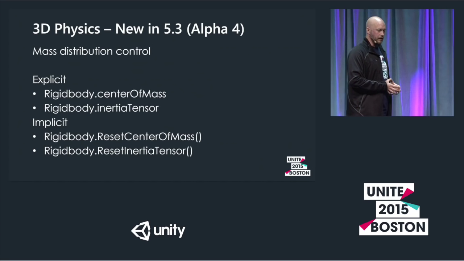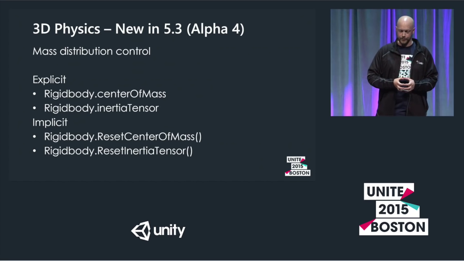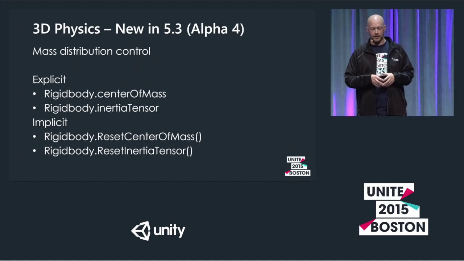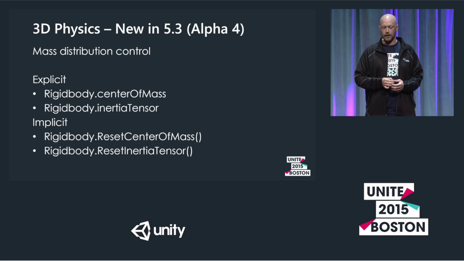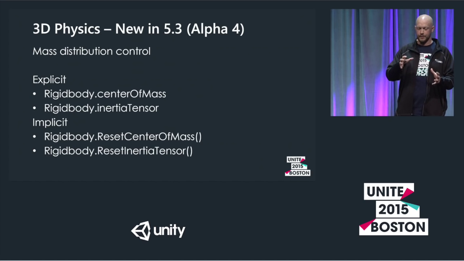Something else that we have recently introduced is something that assists the wheel colliders, actually. Now you can control on a rigid body independently how the center of mass is updated and how the inertia tensor is updated. And the inertia tensor tells how heavy the rigid body is when it moves in each direction.